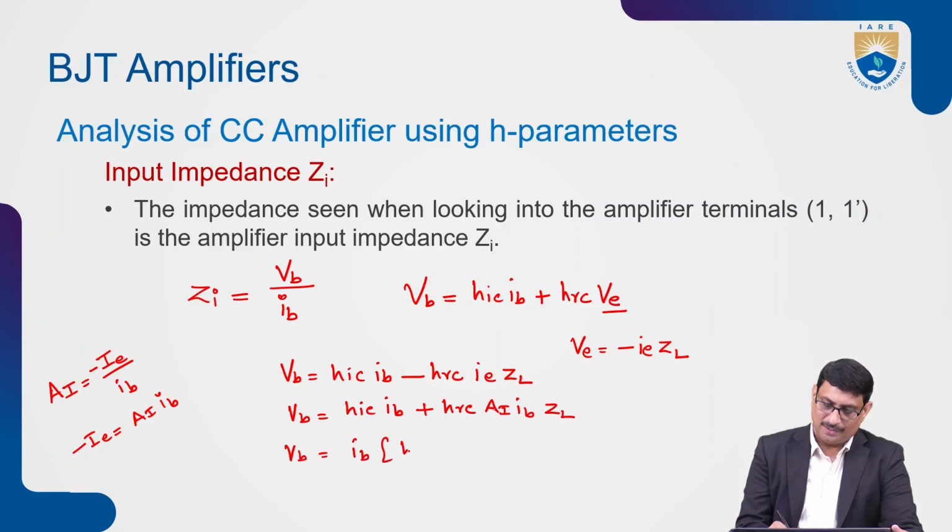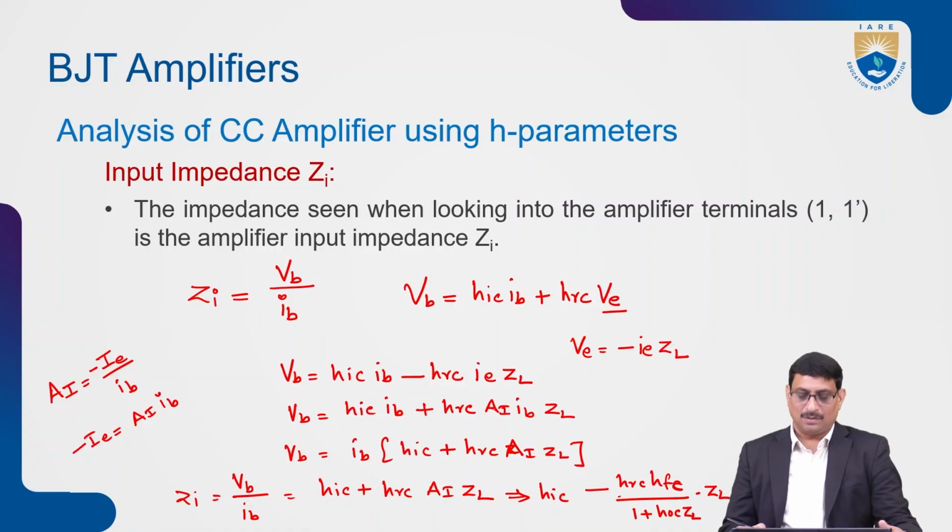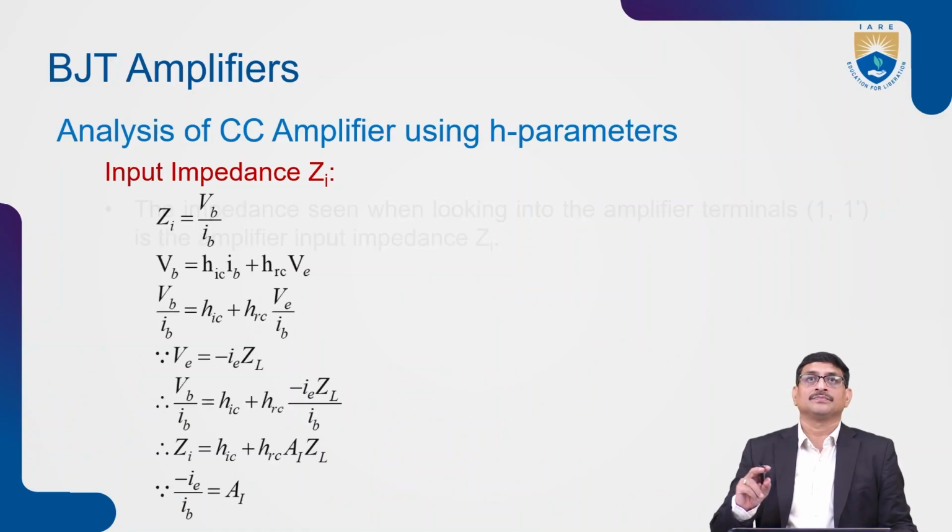So IB into HIC plus HRC into AI into ZL. If I take IB here, VB divided by IB is nothing but the input impedance, which is equal to HIC plus HRC into AI into ZL. Or if I substitute the AI value, then it is HIC minus HRC HFC divided by 1 plus HOC into ZL, into ZL.